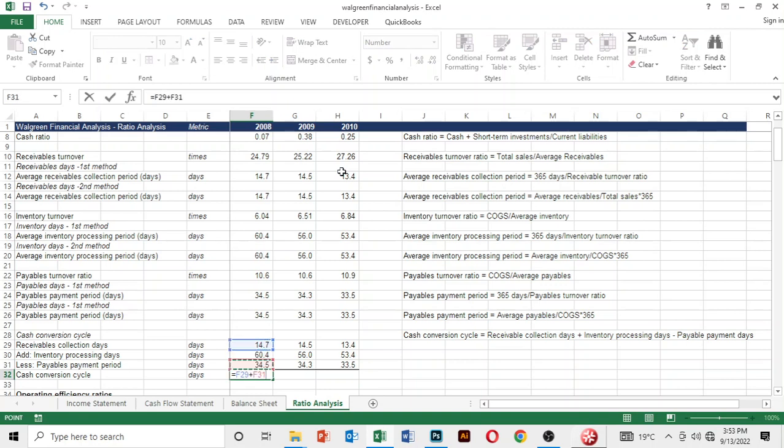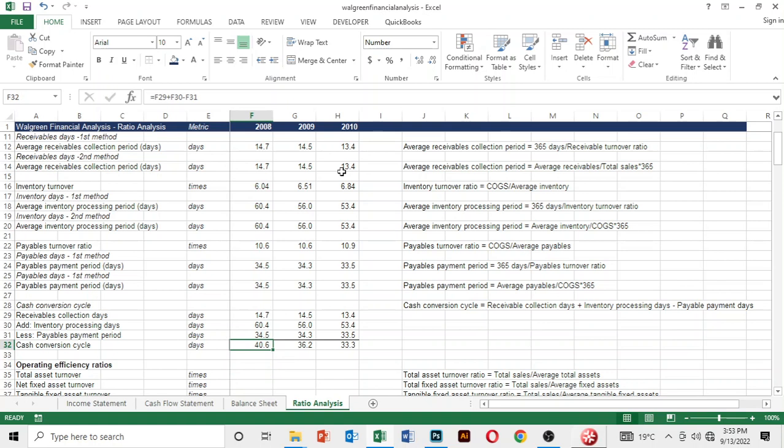Then what we're doing here is adding this and subtracting this, right? Perfect. So basically, in 2008 we took 40.6 days. That's the cash conversion cycle there.